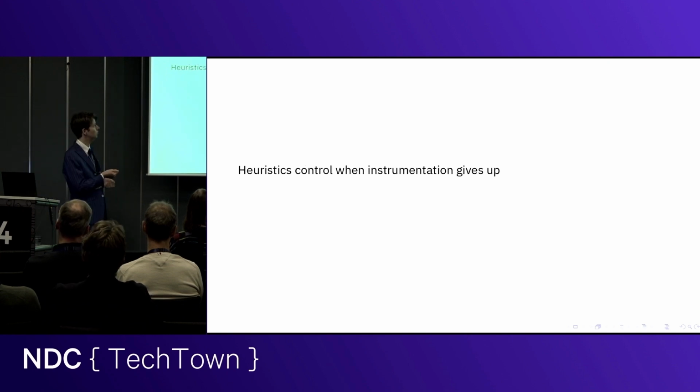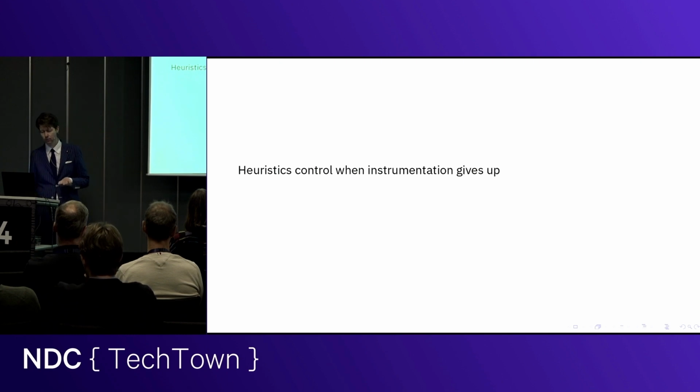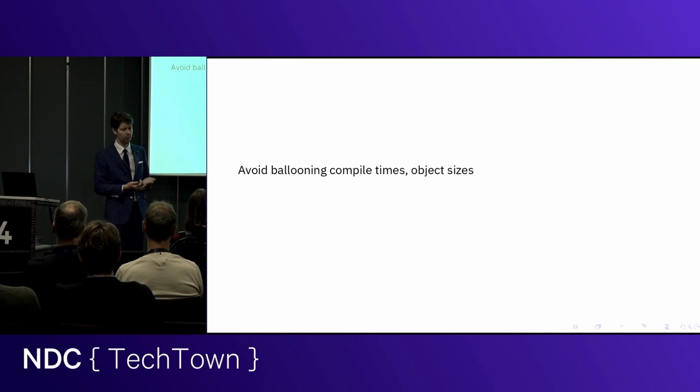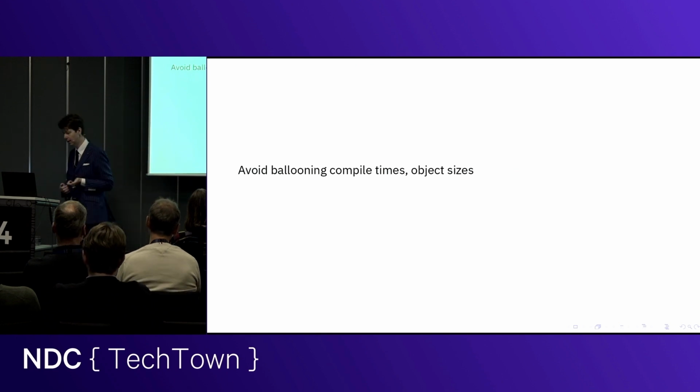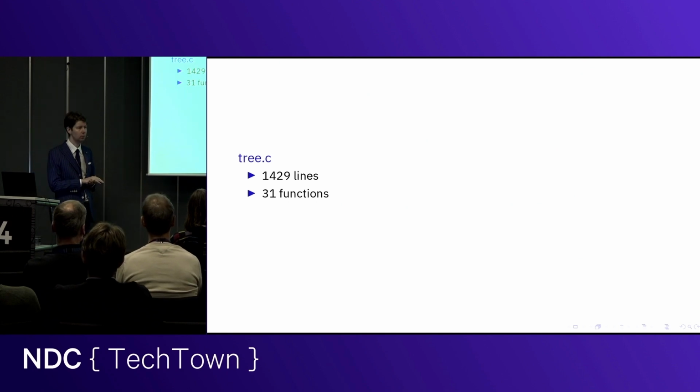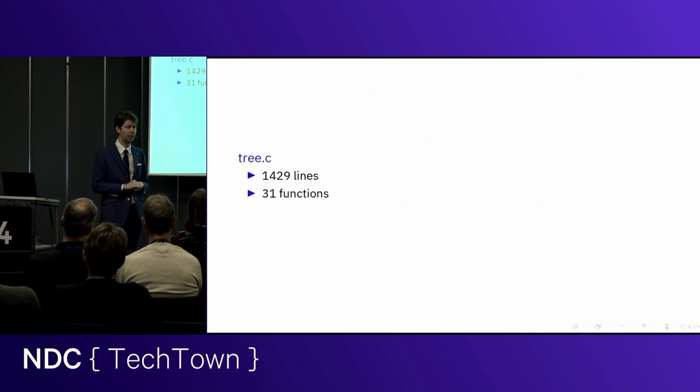Heuristics will control when the instrumentation gives up. The goal with that is we need to avoid ballooning compile times and object sizes. And I have an example of that in an old school C program called tree, which is an alternative to ls sometimes to dump the names in directories.